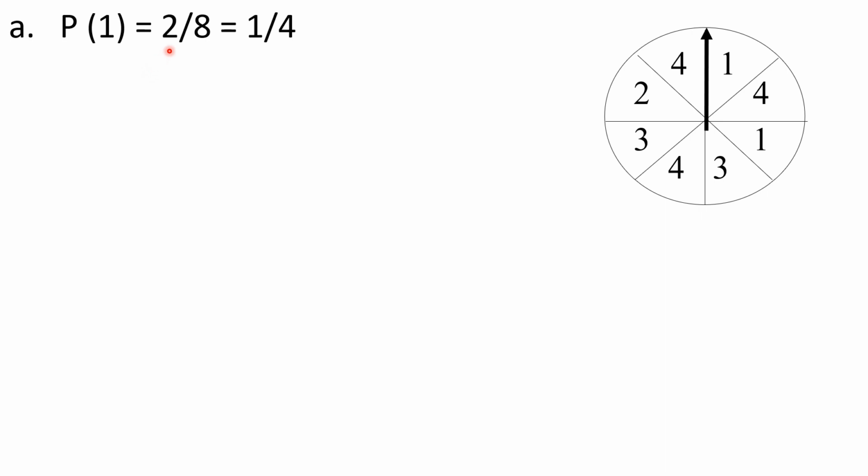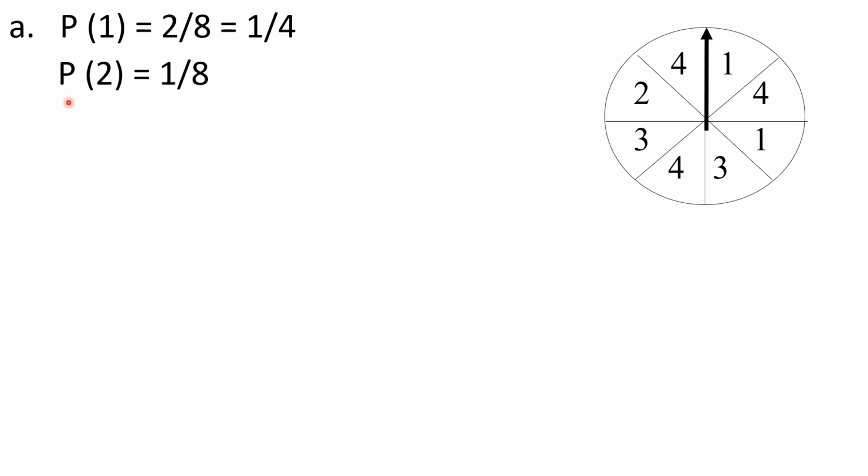So, the probability is 2 over 8, or in lowest terms, 1/4. Again, that is the probability that the arrow will stop at 1: the total number of sections numbered 1 over the total number of sections. So, 2 over 8, or 1/4.